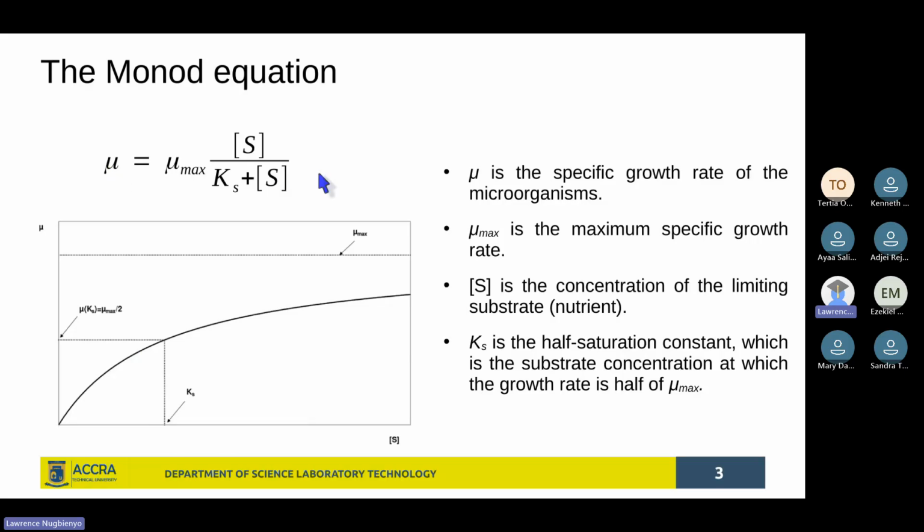So that instead of us referring to that concentration of substrate at which half of the maximum rate of the reaction is reached as a Michaelis-Menten constant, this time around it is being referred to as the half saturation constant, because it's not the Michaelis-Menten equation.